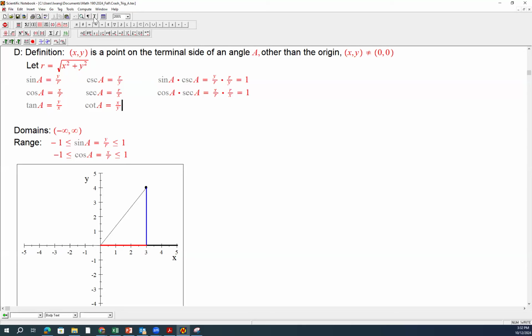Last but not least, tangent, right? Tangent of A multiplied by cotangent of A is going to equal y over x multiplied by x over y. Provided no denominator is 0, this equals 1 as well, okay?